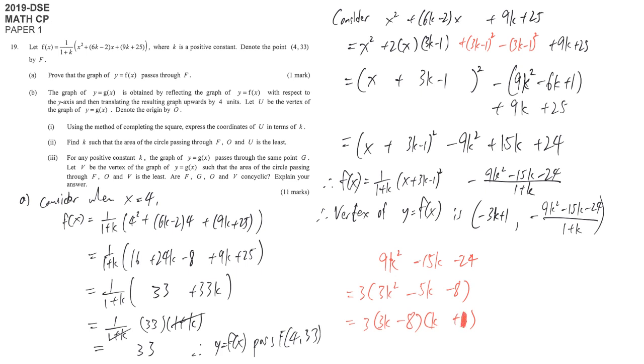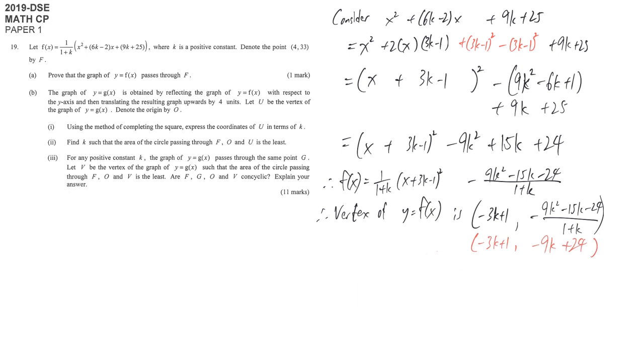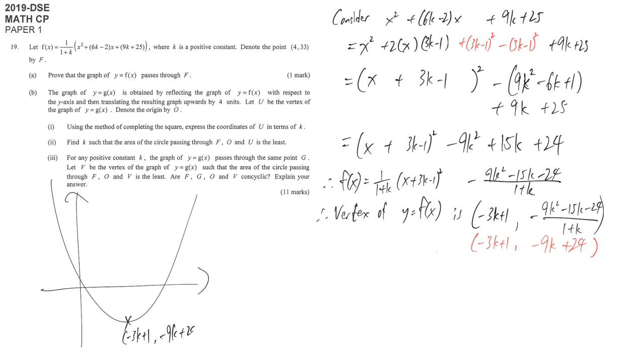So we find that this divided by k plus 1 will be cancelled out. So our answer here, to simplify, the result is negative 9k and then plus 24. For y equal to f(x), the vertex is (negative 3k plus 1, negative 9k plus 24).